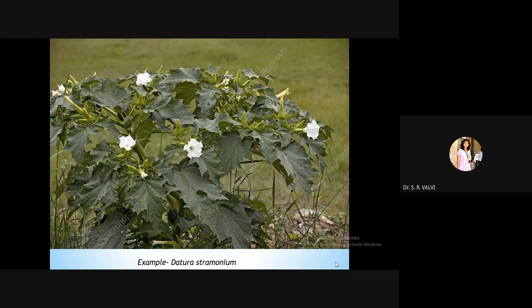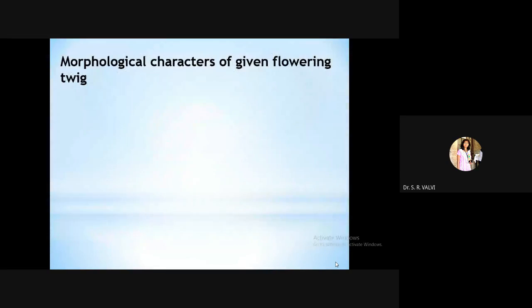Students, please remember why this family is categorized, and what the key characteristics of this family are. With the help of this particular example, we are going to study this practical. We will study one by one the morphological characters of this given flowering twig.